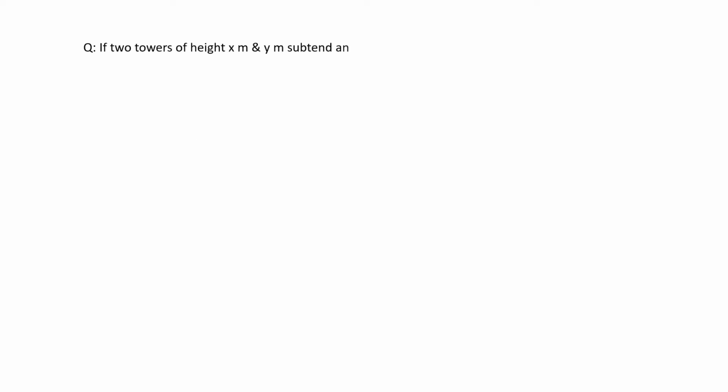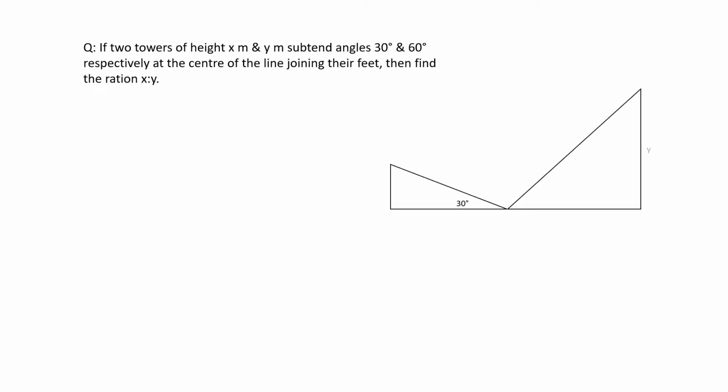The next question states, if two towers of height x meter and y meter subtend angles 30 degree and 60 degree respectively at the center of the line joining their feet, then find the ratio x is to y. Let's draw the picture.